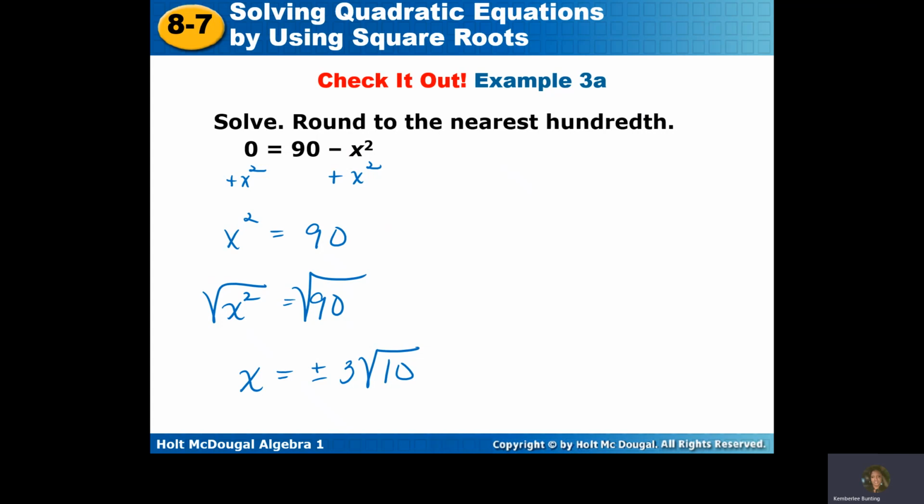You got the 3 square root of 10 because it was 90, right? The square root of 90, the highest perfect square factor inside of 90 is 9. 9 times 10, right? So the square root of 90 is the square root of 9 times 10, right? And the square root of 9 is what?